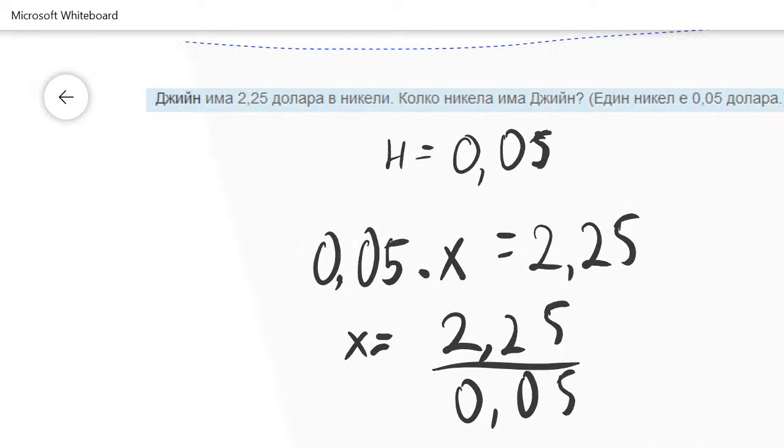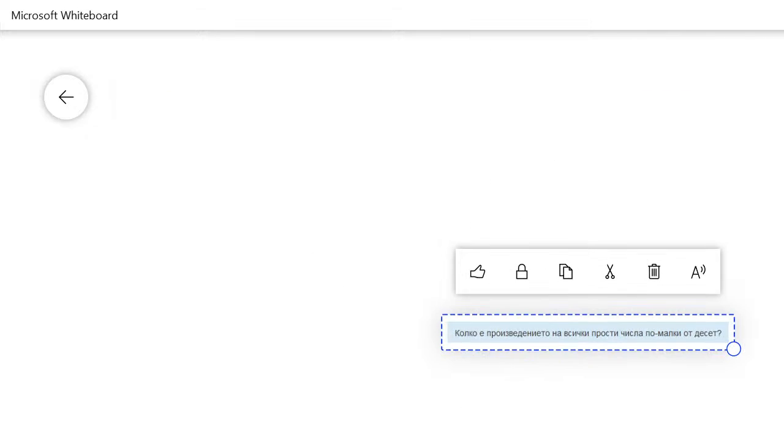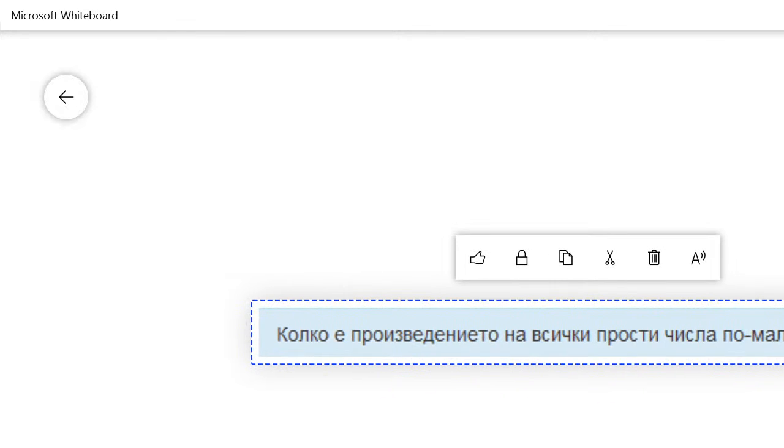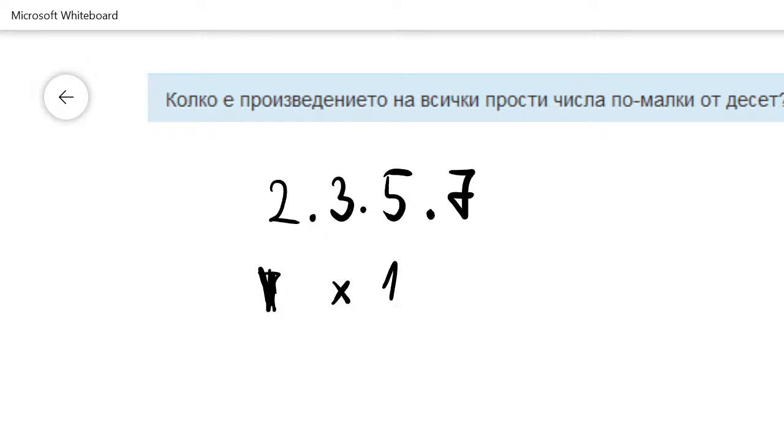The next question is, what do we have when we multiply all the prime numbers smaller than 10? So we have to type every prime number smaller than 10, which are, the prime numbers don't have any divisors besides the integer and 1.